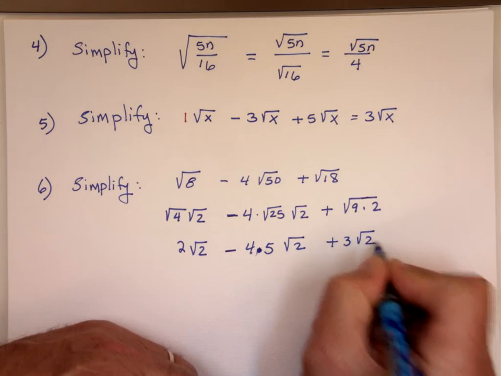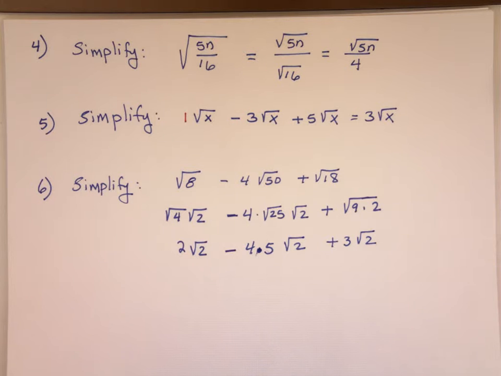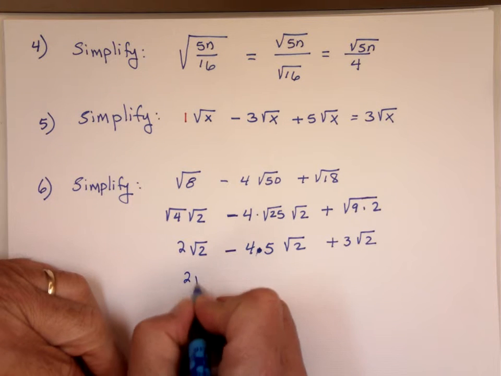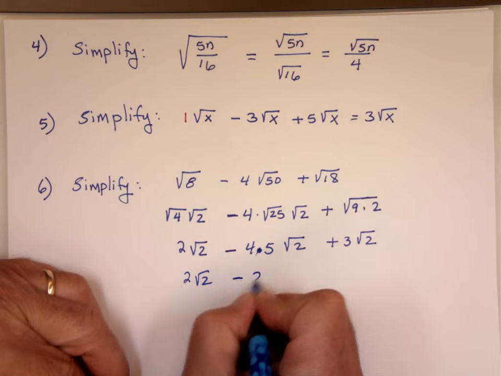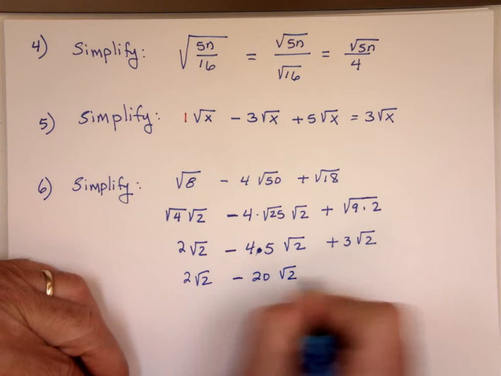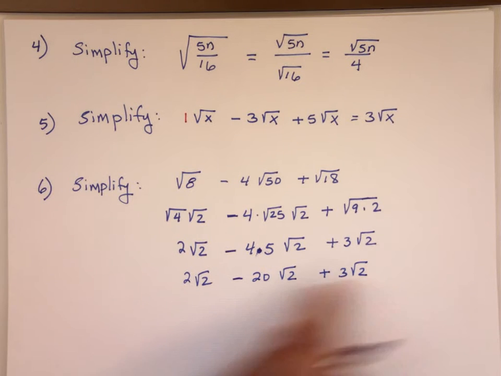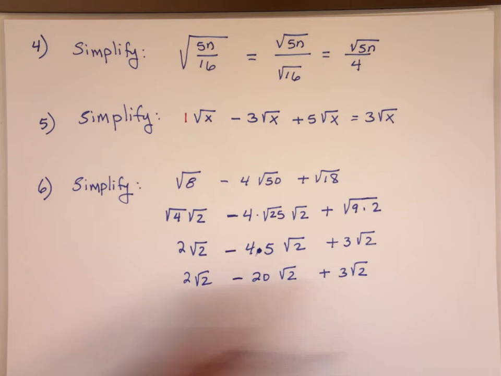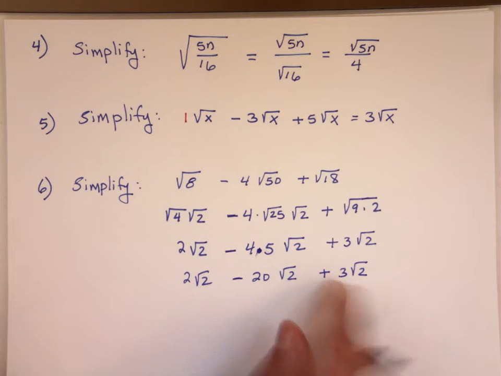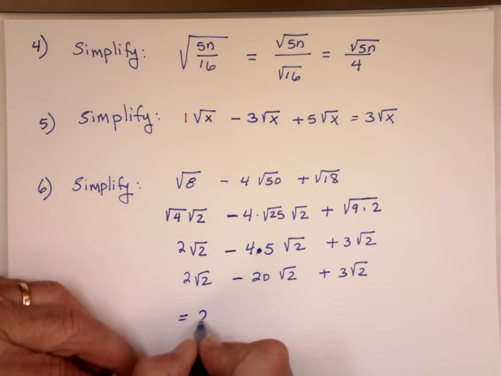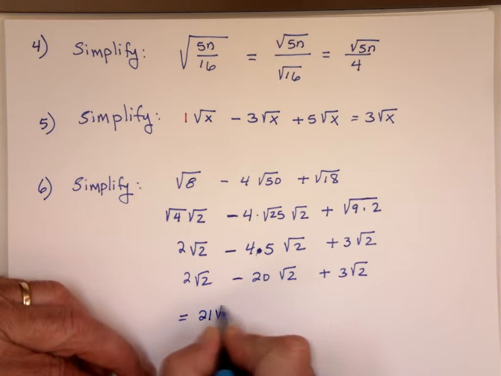The square root of 2. Now these are like radicals, so we can combine them. 2 minus 20 is negative 18, plus 3 is 21, the square root of 2.